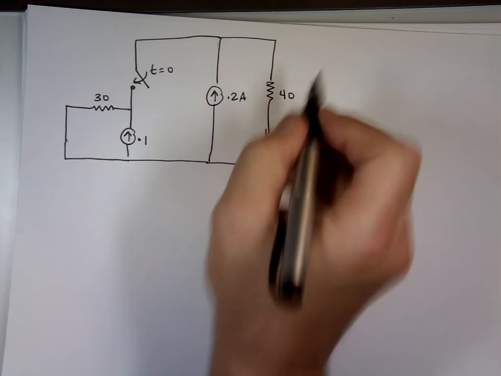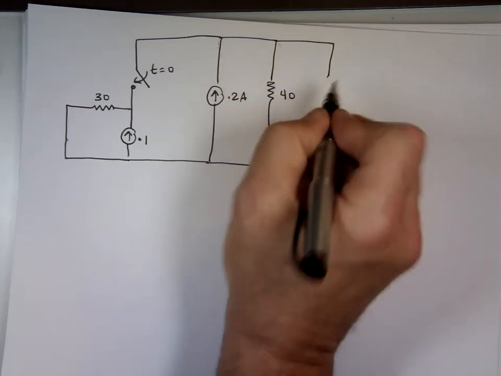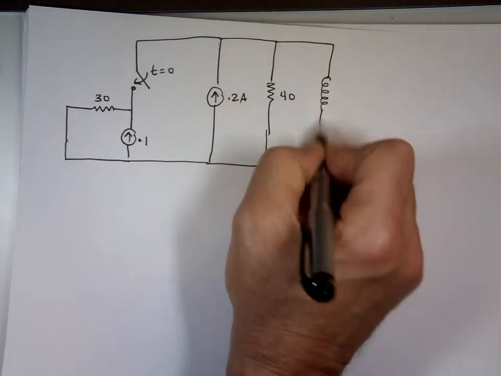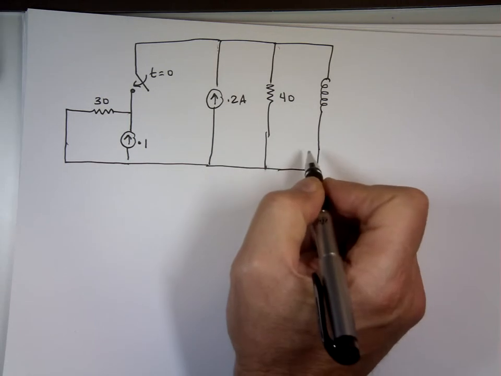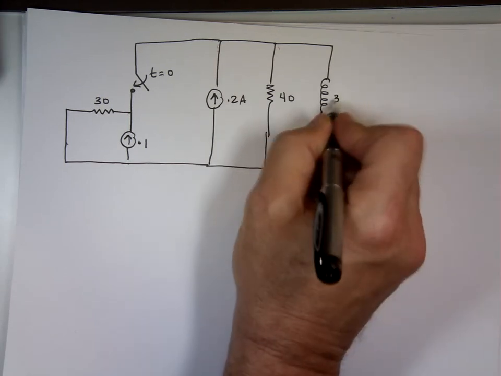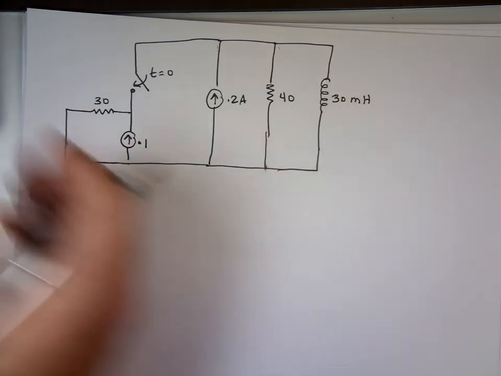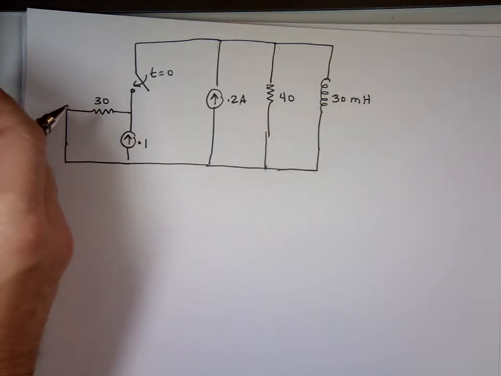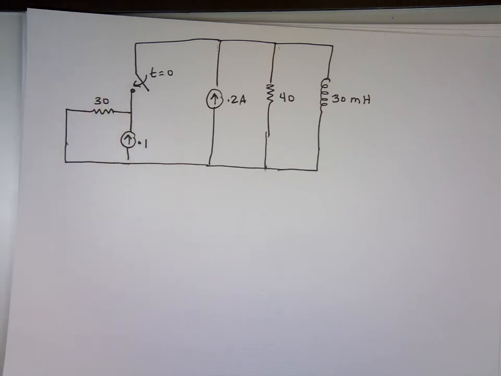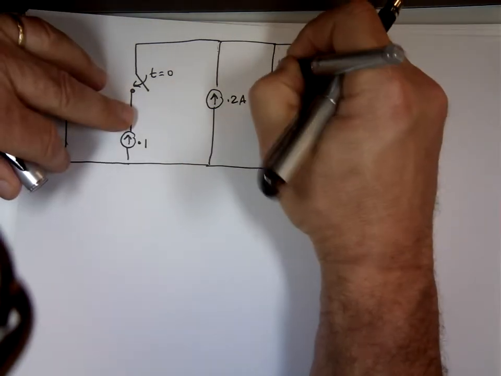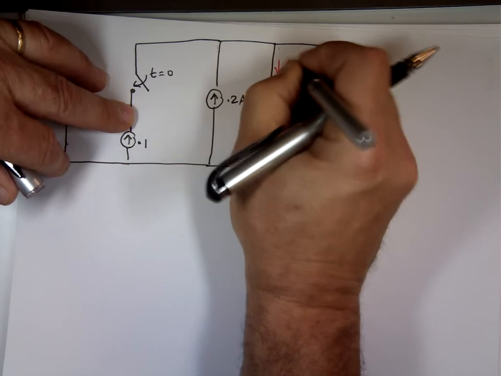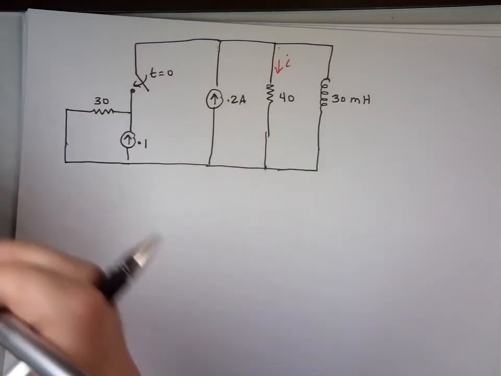And I have an inductor here of 30 millihenry. The question, what's this current? What's the equation for this? I. They want to find the equation for that.